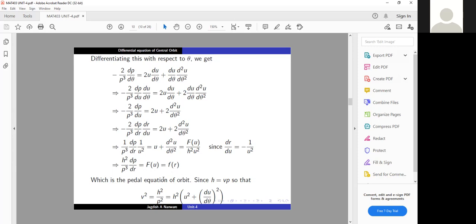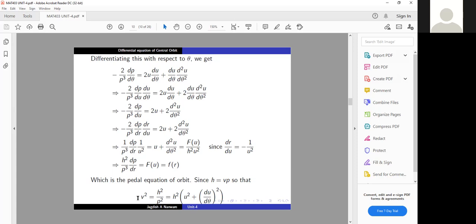So this is the differential equation, and we call this the differential equation of central orbit in pedal form. But we know that h is nothing but v into p, and therefore we put the value of h here. So square of h will be v square p square divided by p to the power 3 dp upon dr is equal to f of r. So this h square, p square vanishes with p square in the denominator, and what remains is only h square divided by p.